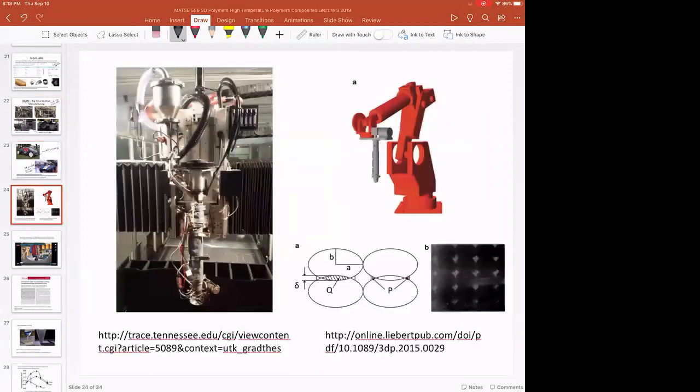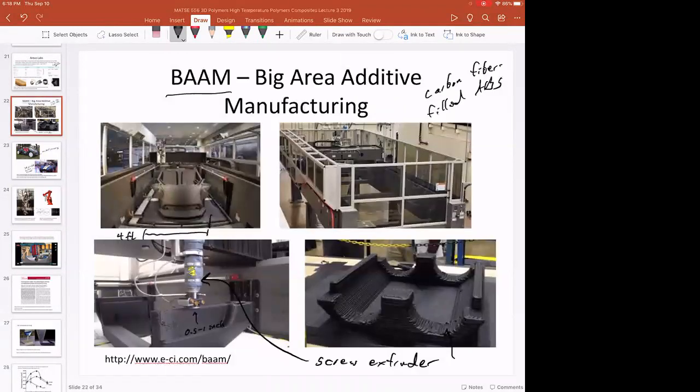Another way that you can do this large scale additive is by using, rather than what we'll call a gantry, a robot arm. A gantry system is X, Y, Z Cartesian coordinates. So you can move in the XY plane, you can move in the Z plane. And so I know you've been watching those MakerBot videos on YouTube trying to figure out what your favorite 3D printing process is.